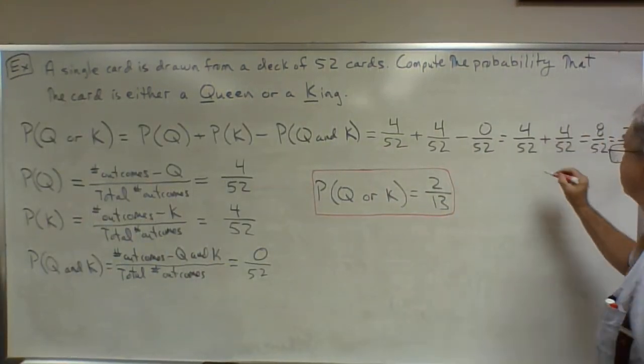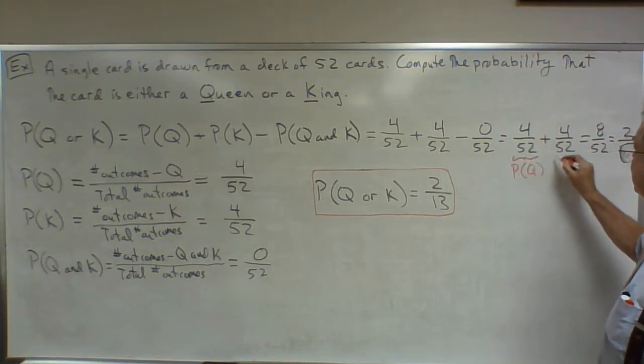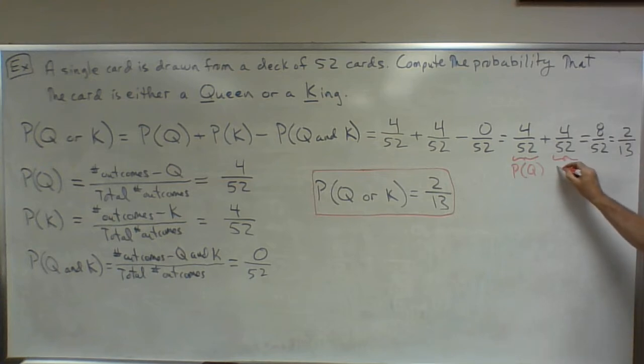This thing, probability of a queen. This thing, probability of a king. Well, that's interesting.